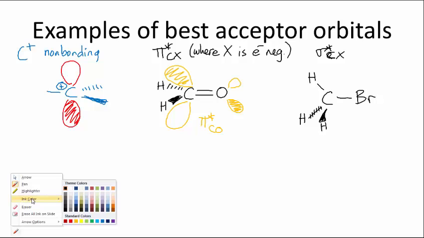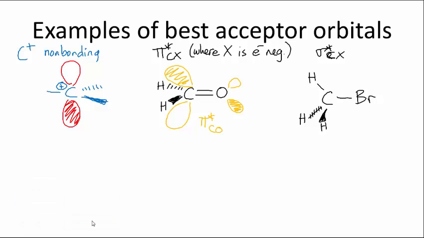What would the acceptor orbital on that molecule be? Sigma star CBr. Yeah. Sigma star CBr. So that also is a very good acceptor orbital.